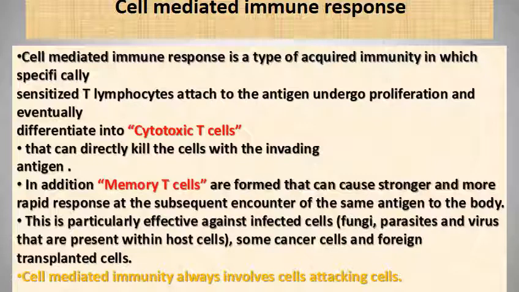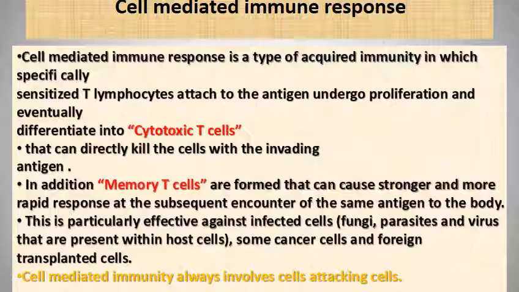That means that the same antigen enters the body later on, after a few years or many years. These memory cells can cause a stronger and rapid response when they meet the same antigen even after that. Okay, so this is what we call the immunological memory.